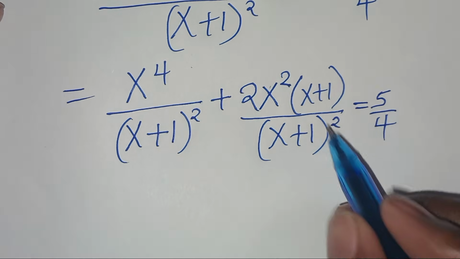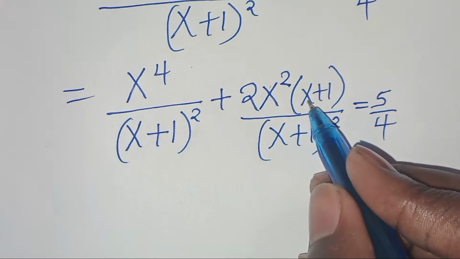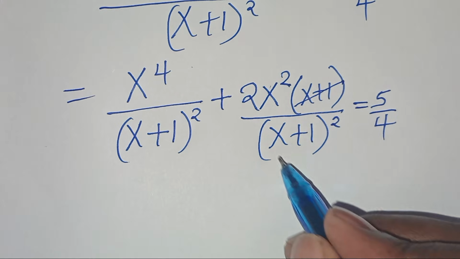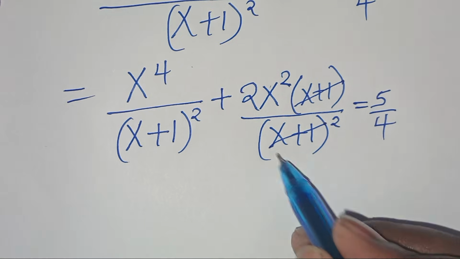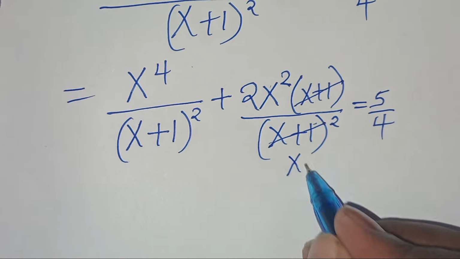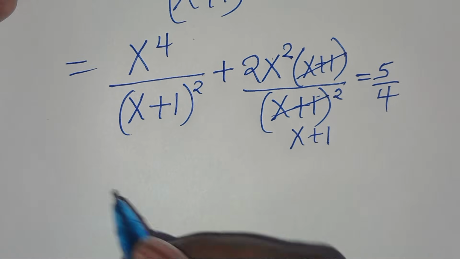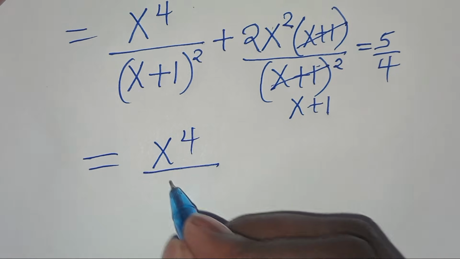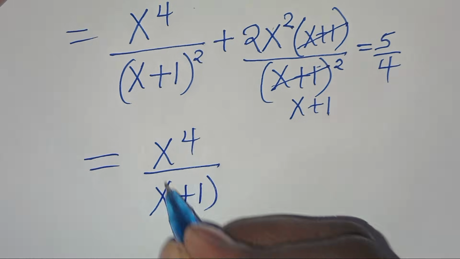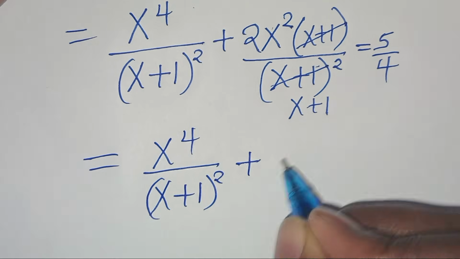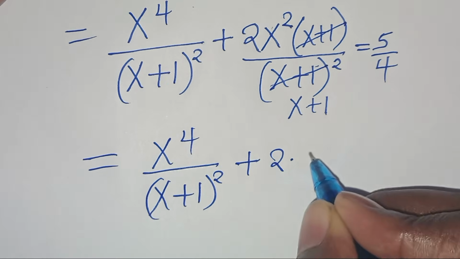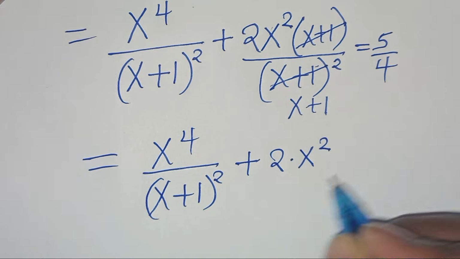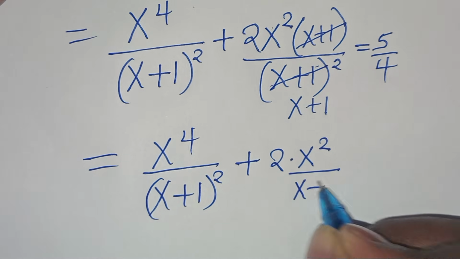Now, here we can simplify. Let's simplify x plus 1 here and x plus 1 here. So here we have x plus 1. So that now we have x to the power of 4 divided by (x plus 1) to the power of 2, then plus 2 multiplied by x squared divided by (x plus 1).